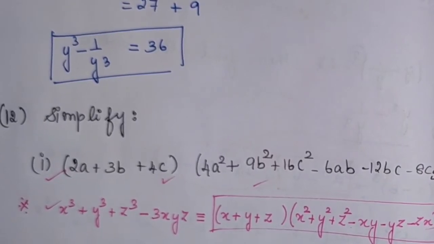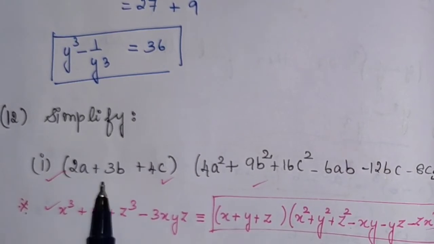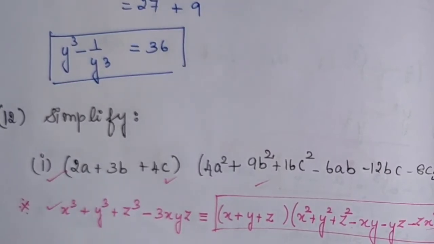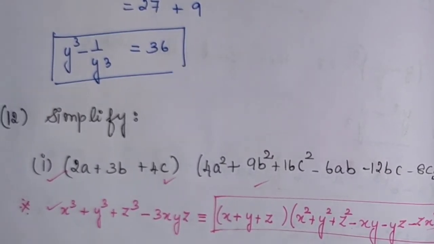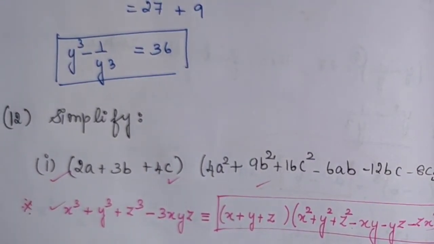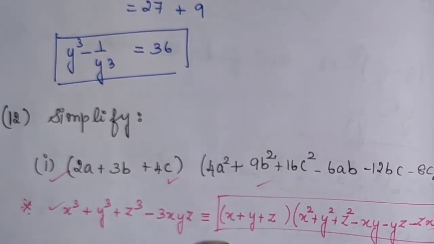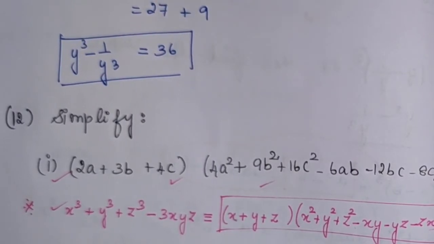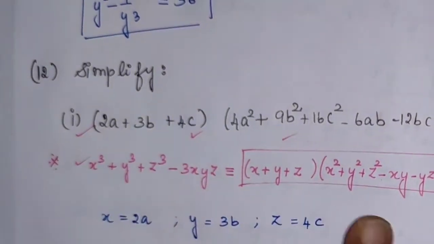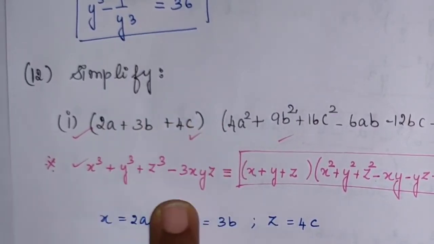Now compare this with the question. Where in the place of x I have 2a, so x is equal to 2a, and y is equal to 3b. In the place of z I have 4c. Now this full term is nothing but x cube plus y cube plus z cube minus 3xyz.